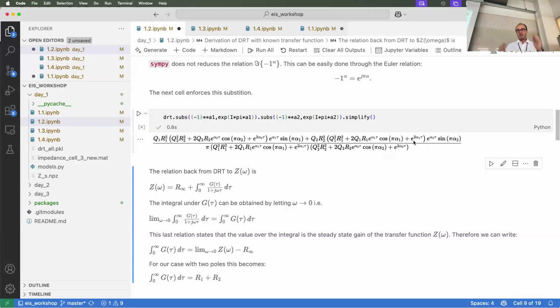What does this mean? When you take a published paper, they measured an impedance curve. Fine, you have to measure it. And then they decided to fit an equivalent circuit model. Fine, they fitted it. And then they used a DRT library to calculate the DRT from the impedance curve.